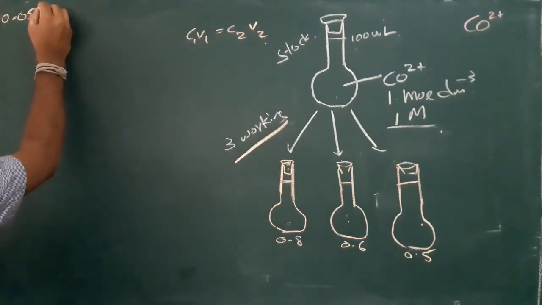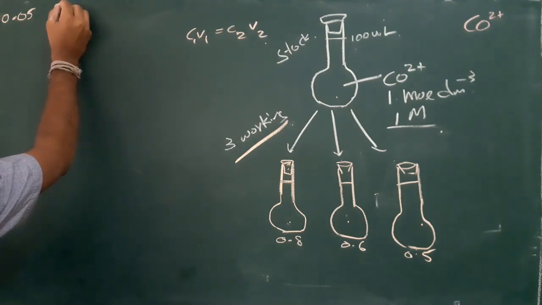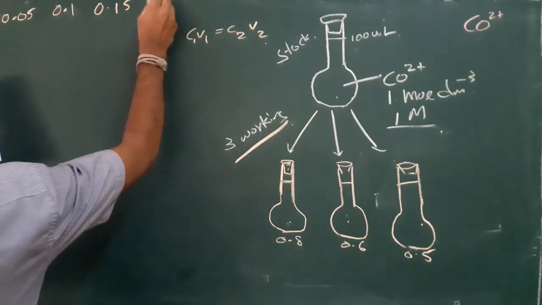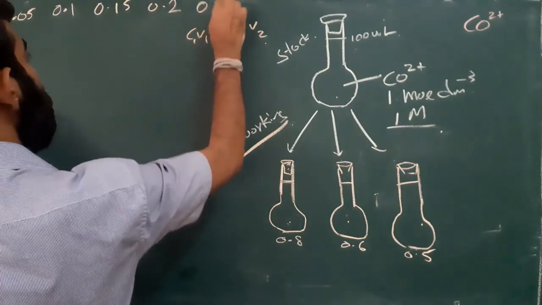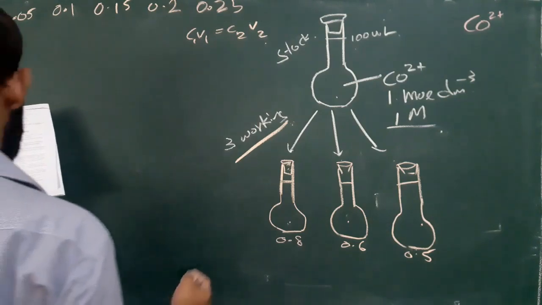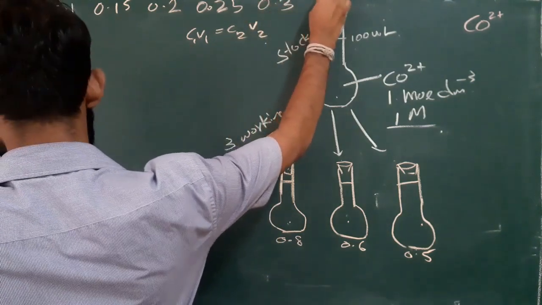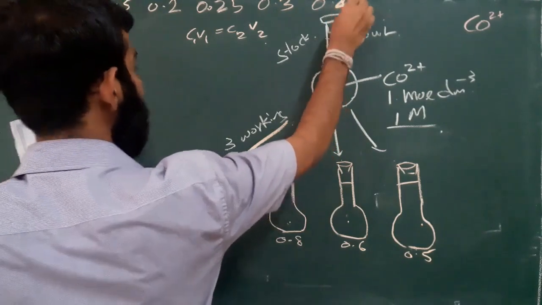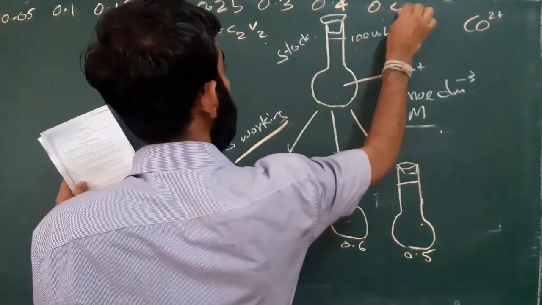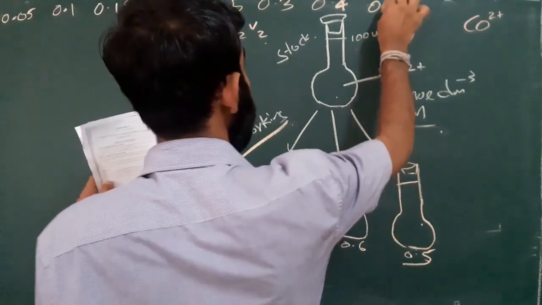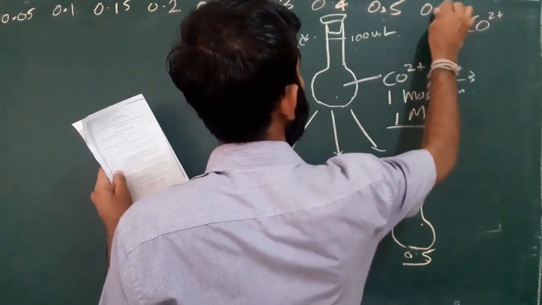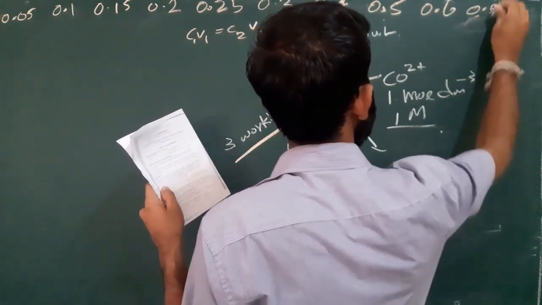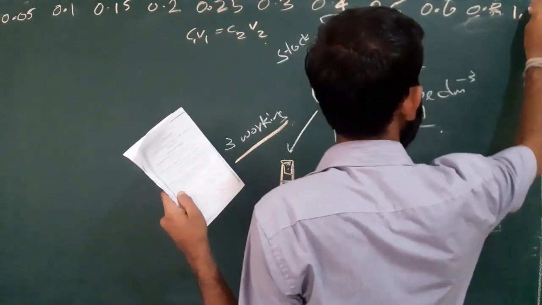One solution is 0.05, others are 0.1, 0.15, 0.2, 0.25, 0.3, and 0.4 has already been prepared. 0.5 and 0.6 we already prepared, 0.8 as well, and finally 1 M, our stock solution.